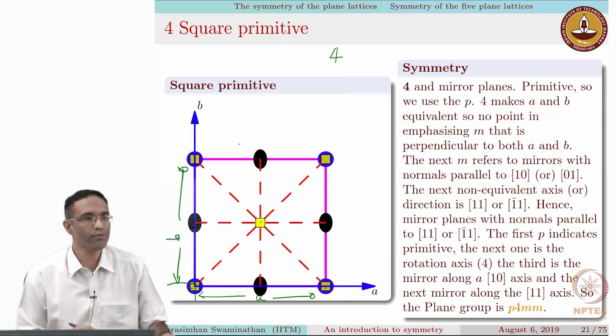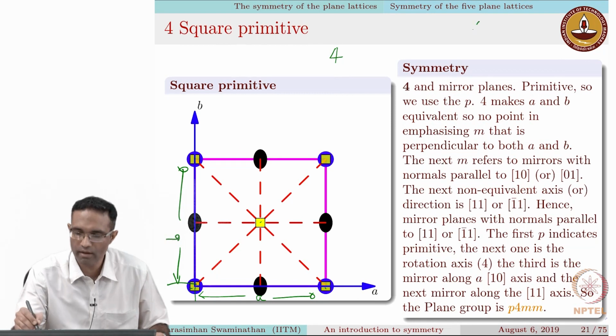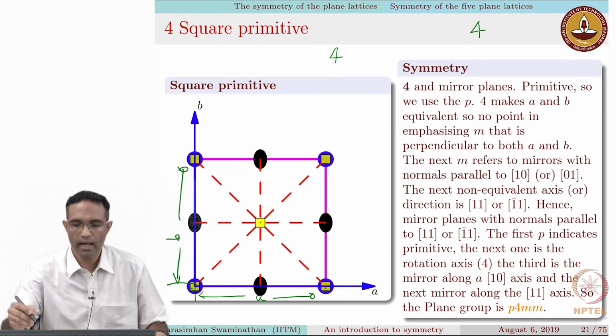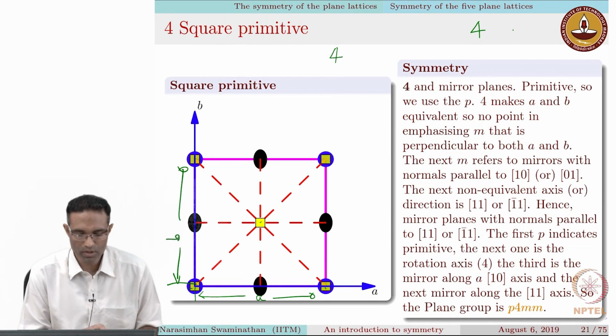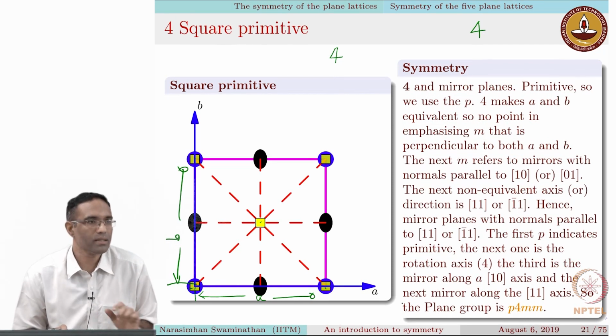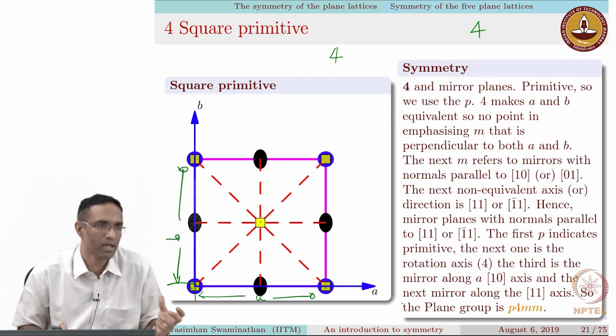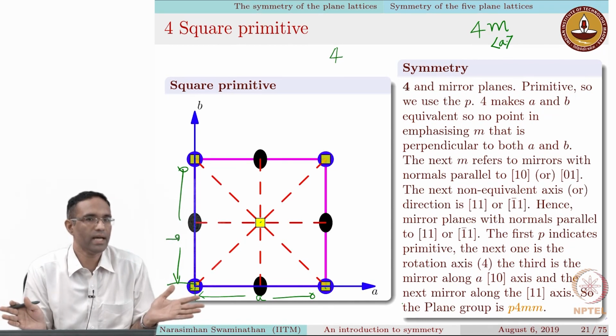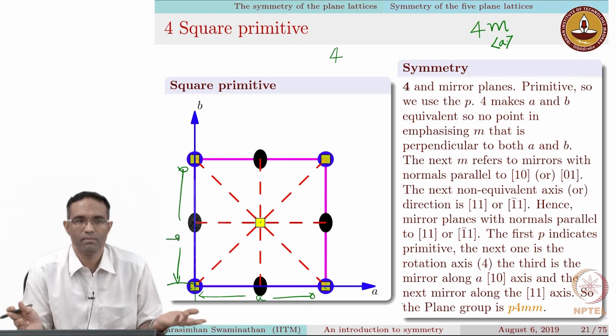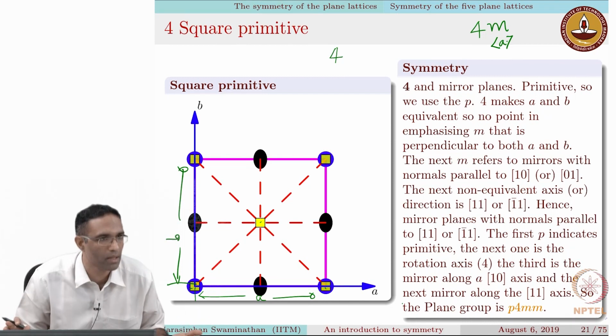In the fourfold case, when you are talking about the square primitive lattice, you obviously have a 4-fold rotation, and the next slot is a mirror with the normal as A, but there is no real distinction between A or B. So this mirror is equivalent for either direction, A or B. We can't really distinguish between them because of the presence of the 4-fold rotation.